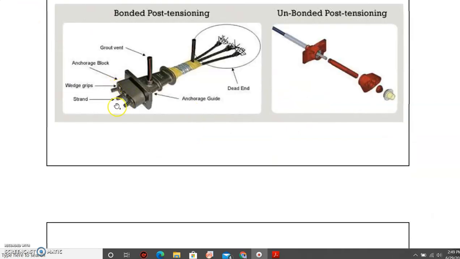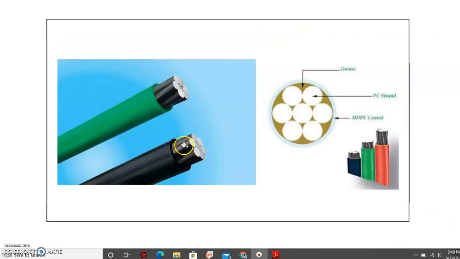So in this picture you can see the strand, nothing but the tendon, and these are wedge grips, anchorage guide, anchorage block, and another dead end. Okay, this is a dead end. So this is a clear image of tendons.